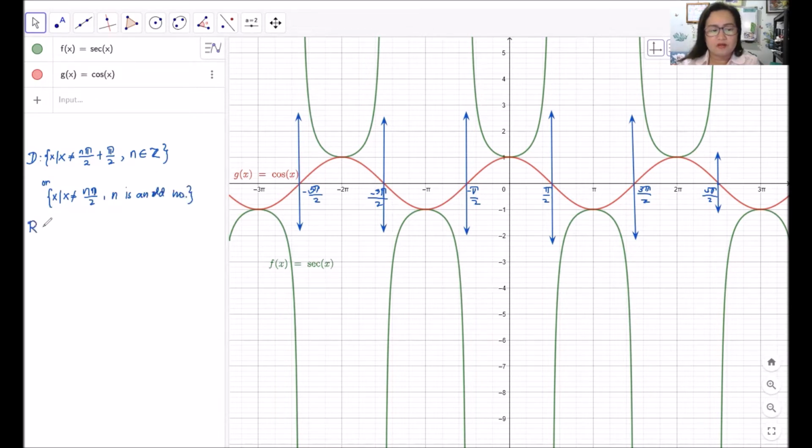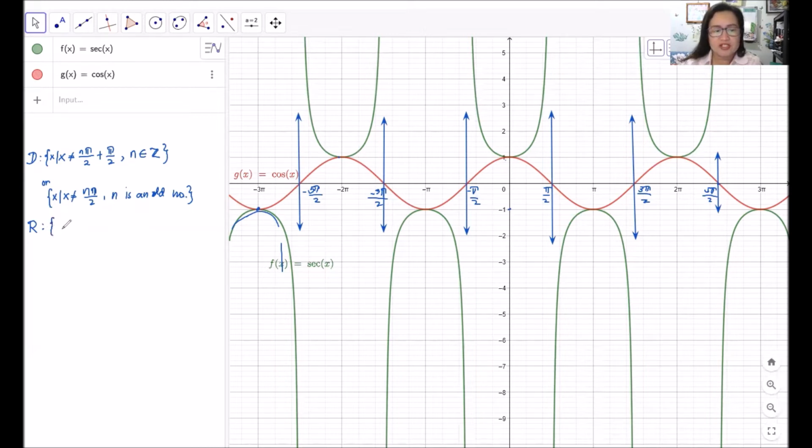Now, what about the range of secant x? As you can see, downward, there is no limit. Upward, there is no limit. However, in the middle, the space between -1 and 1 is not included in the values of y.